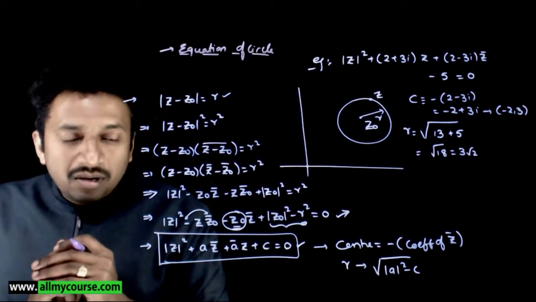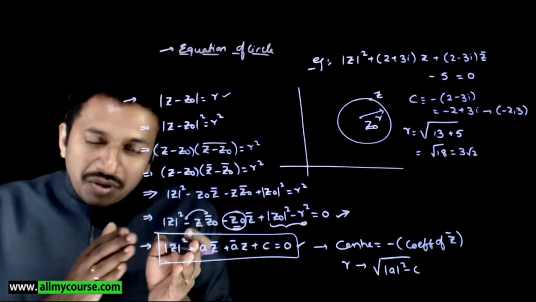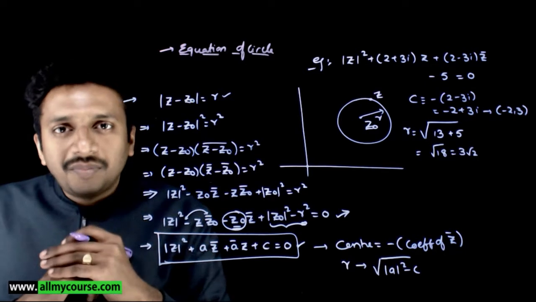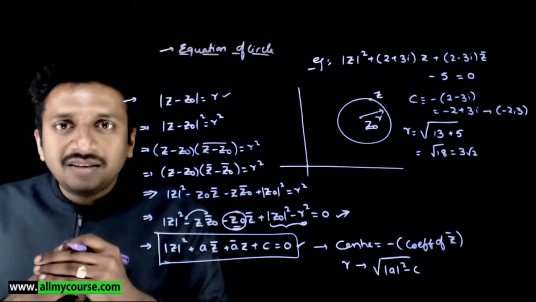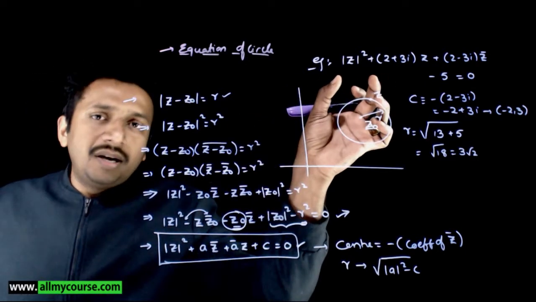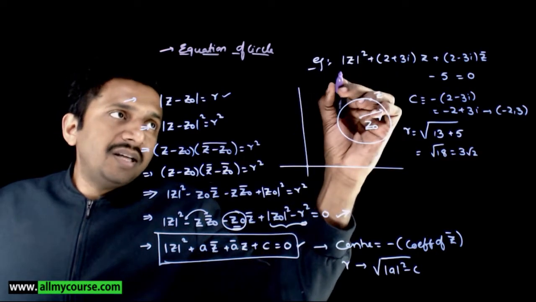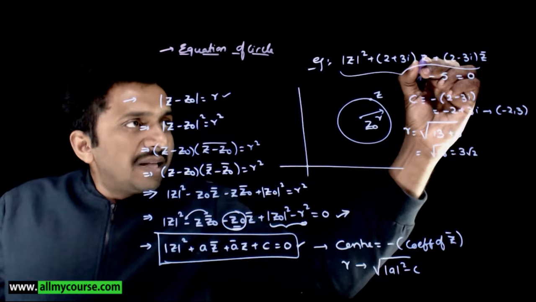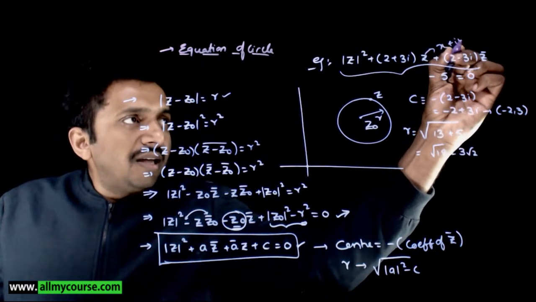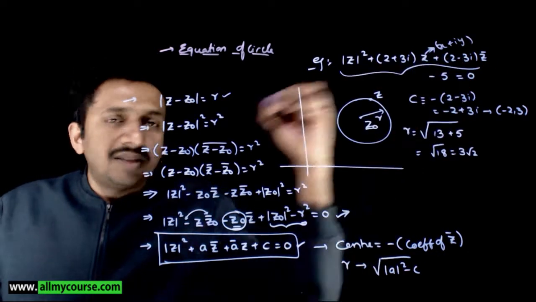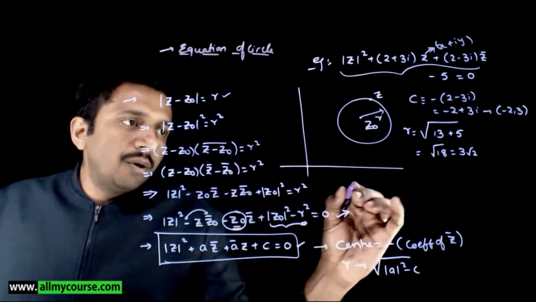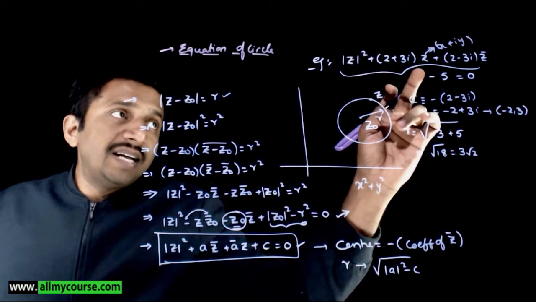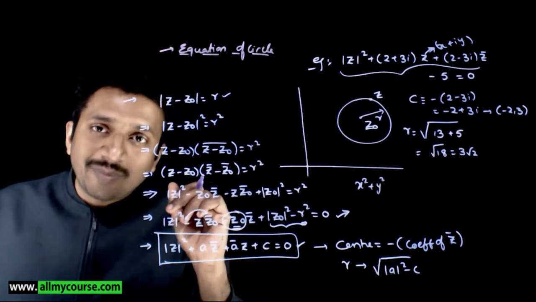Most often, whenever you are given an equation of a circle, you can also convert it into Cartesian form and simplify the answers. So if you want to convert this equation into Cartesian form, you just need to put x plus iy in the place of z. So mod z whole square will be x square plus y square, and if z is x plus iy, z bar is x minus iy.